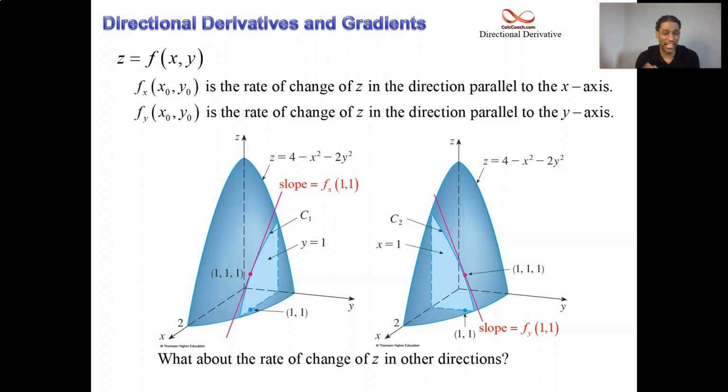So if you're stepping in the direction of the x-axis, then you're stepping in the direction of the i vector or minus i or anything parallel to that. If you're stepping in the direction of the y-axis, then you're stepping in the direction of j or minus j or anything parallel to that. So you give me a vector and I'll give you a directional derivative. On the next slide, let's see how that works.